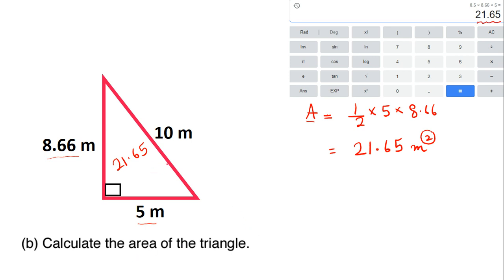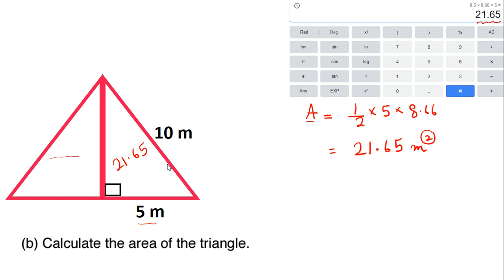Now, the question is still not complete because it says calculate the area of the triangle, and this is not the triangle that they gave us. It was this entire triangle. Now I know that one part of this triangle is 21.65, so the other part also has to be 21.65. So I just have to add this up. So the area of the entire triangle, either I can do 21.65 times 2, or I can just do 21.65 plus 21.65.